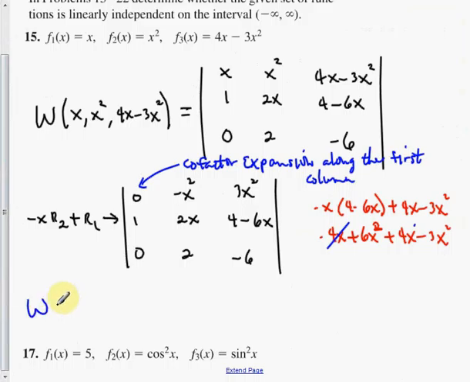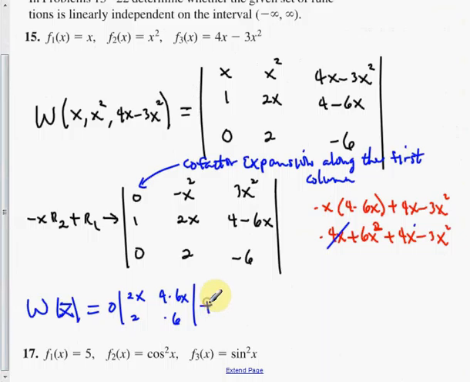So here, this function of x is equal to 0 times this, I'm not going to even write it. I mean, I can. This is 0 times this subdeterminant. I get rid of its row and column, so it's 2x, 2, 4 minus 6x. It doesn't matter because it's 0 times that. It's going to be all 0.